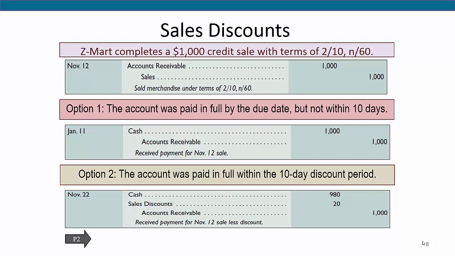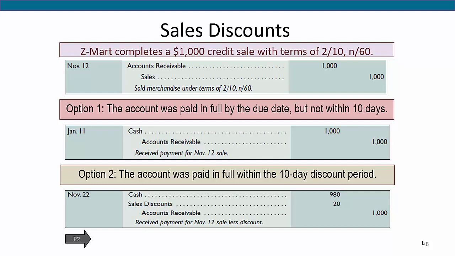If the customer pays on or before November 22nd, Zmart records the payment as a debit to cash for $980, a debit to sales discounts for $20, this is 2% times $1,000, and a credit to accounts receivable for the full $1,000.